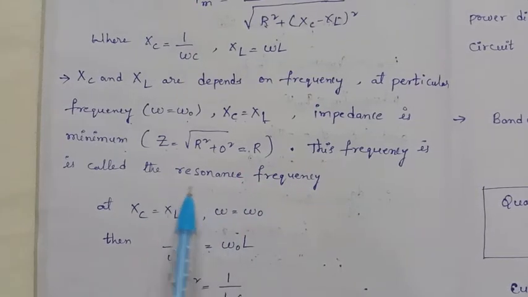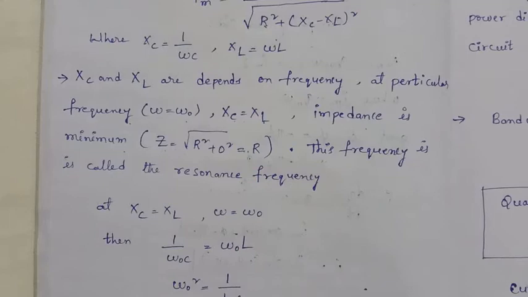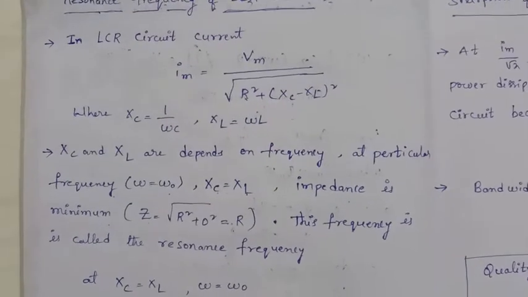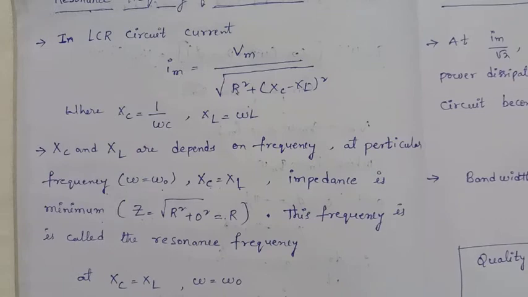So what we concluded finally is that at a particular frequency the impedance is minimum and we get maximum current. That frequency is called the resonance frequency.